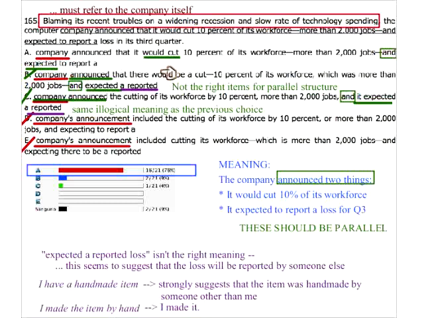So in order to convey the true meaning of the sentence, you do need to have the company as the subject of these things. "The company announced that it would do this itself," as opposed to "there would be a cut," is not grammatically wrong. I mean, it's perfectly well written. It just doesn't mean what we want to say. It means that there would just magically be a cut by pure magic.